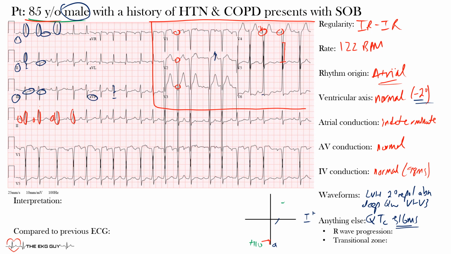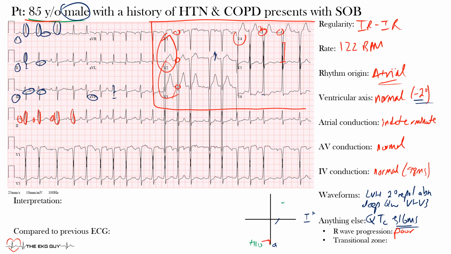Normally it should slowly increase from V1 to V5, and because we don't see that, we call this poor R-wave progression, and that means that we likely have poor anteroseptal forces. Remember, the septal leads are V1 to V2, and the anterior leads are V3 and V4, often including V2 as well. That's what that poor R-wave progression likely suggests.